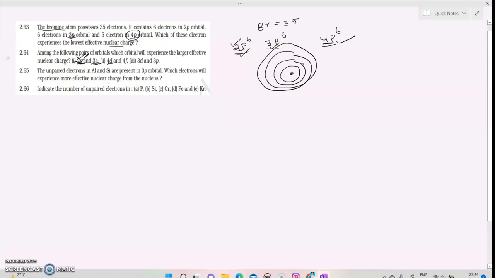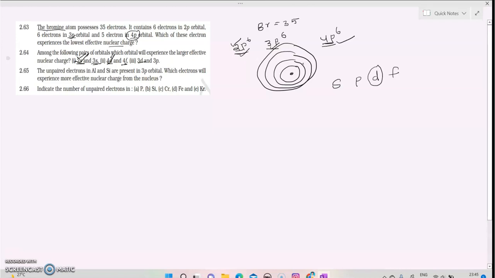Here 4d is there and 4f is there. Comparing the d orbitals and the f orbital, the f orbital has a four-fold structure, which is not symmetric. So the d orbital is very close to the nucleus. First the s orbital will come, then the p orbital, then the d orbital, then the f orbital. This means the d subshell is closer to the nucleus, so the d orbital will experience larger effective nuclear charge.